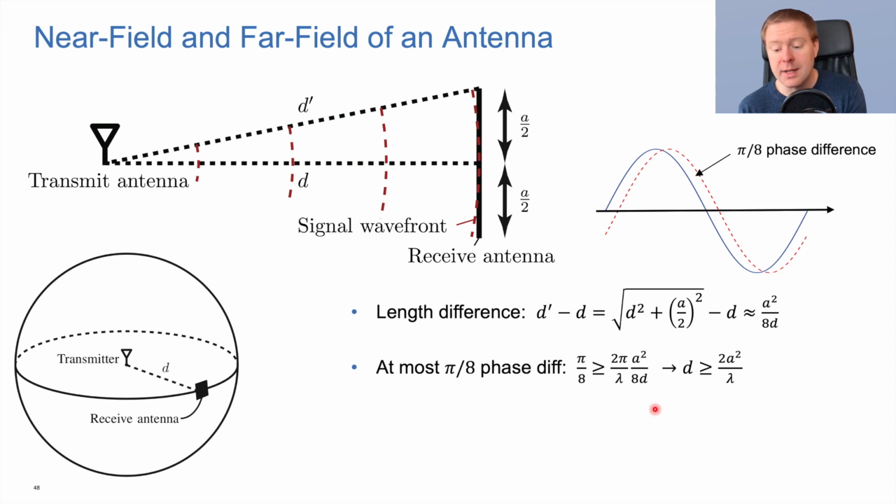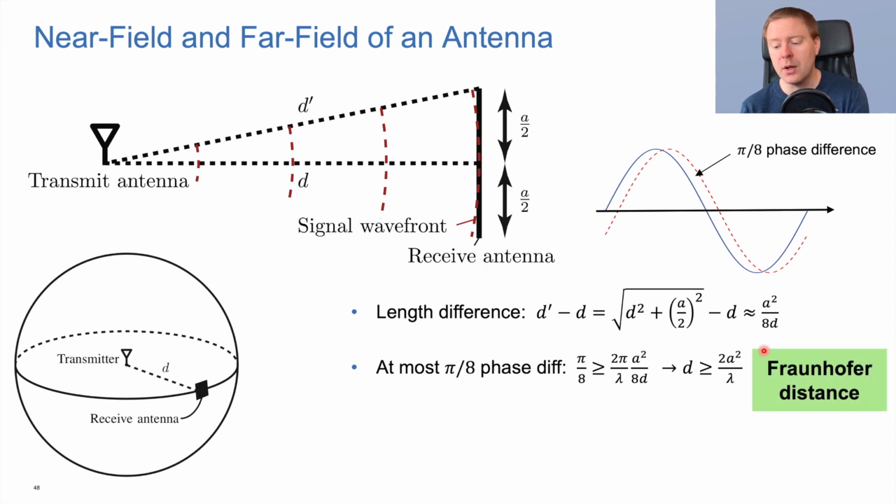Then we can rearrange the expression, and we will get that the distance should be larger or equal to 2 times a squared divided by lambda. In that case, we will get a phase difference that is smaller than pi over 8. In those cases, we can probably neglect that we have a spherical wavefront and view it as if the difference is so small that everything received over the antenna is in phase.